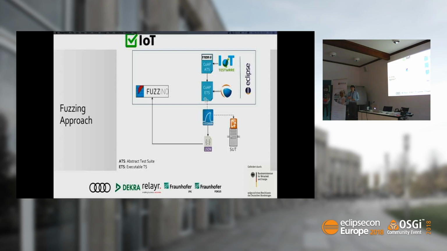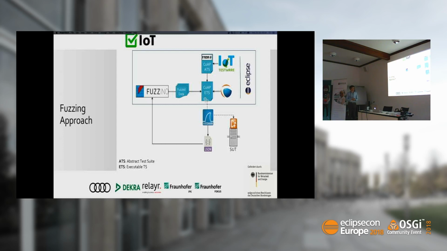You can say, just give me a string and generate as much data as possible randomly, or you give it a grammar and it will generate some fuzz data. So we used our packet structure as input for the Fuzzino library, and out of this it creates fuzz data that we could play back easily in the executable test suite.